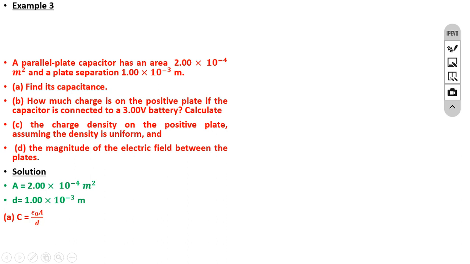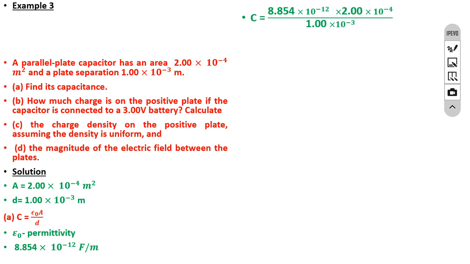Epsilon naught, the permittivity, is given. You put the value of the constant. When you do that, you obtain this. Simplify this, and check your answer. It will be 1.77 times 10 to the power minus 12 farad.